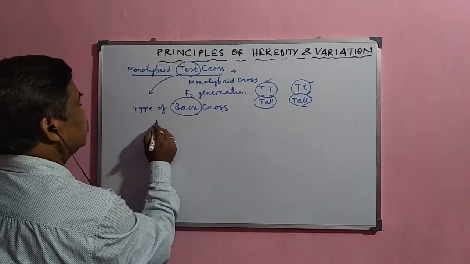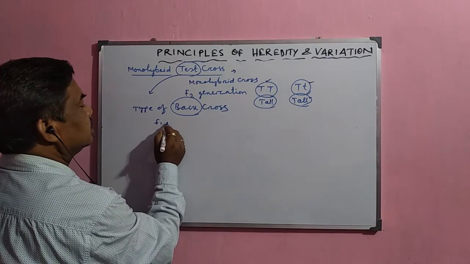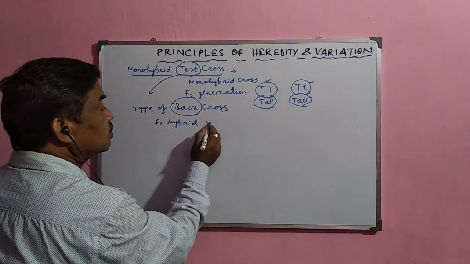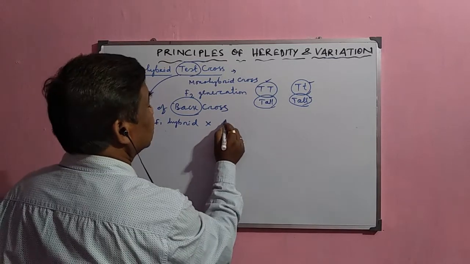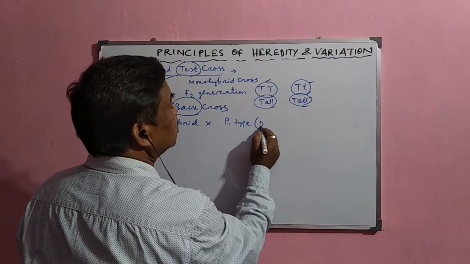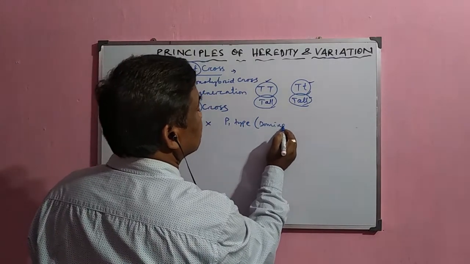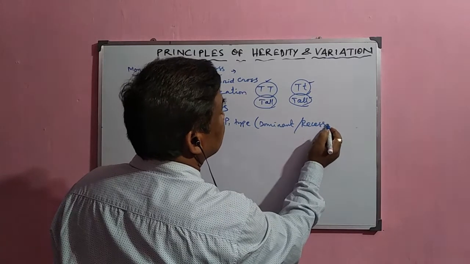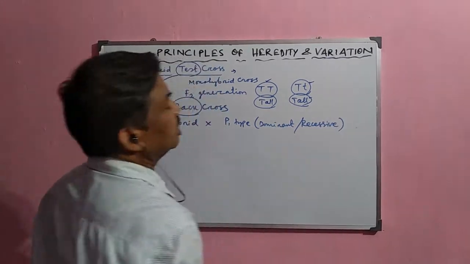Because the F1 hybrid is crossed with the P1 type, either dominant or recessive, it is called the back cross.